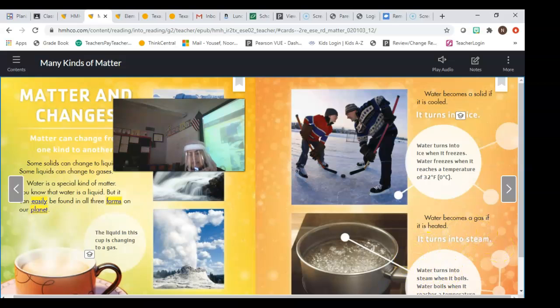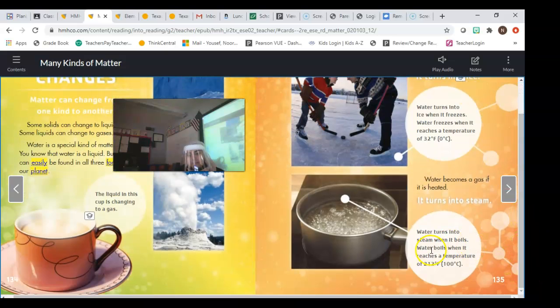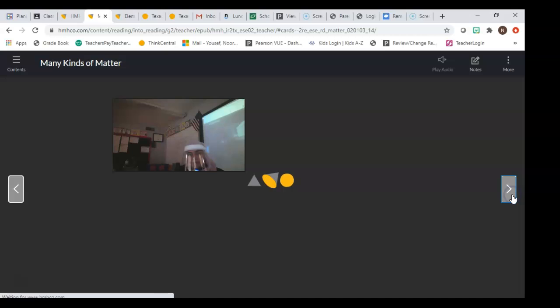So here it's telling us details on how water becomes a gas and turns into steam. That's why they have the words in different forms and different colors, because the words here are the subtitle, and the subtitle gives us the main idea of what's here. Okay? Almost through. Let's go to the next page.